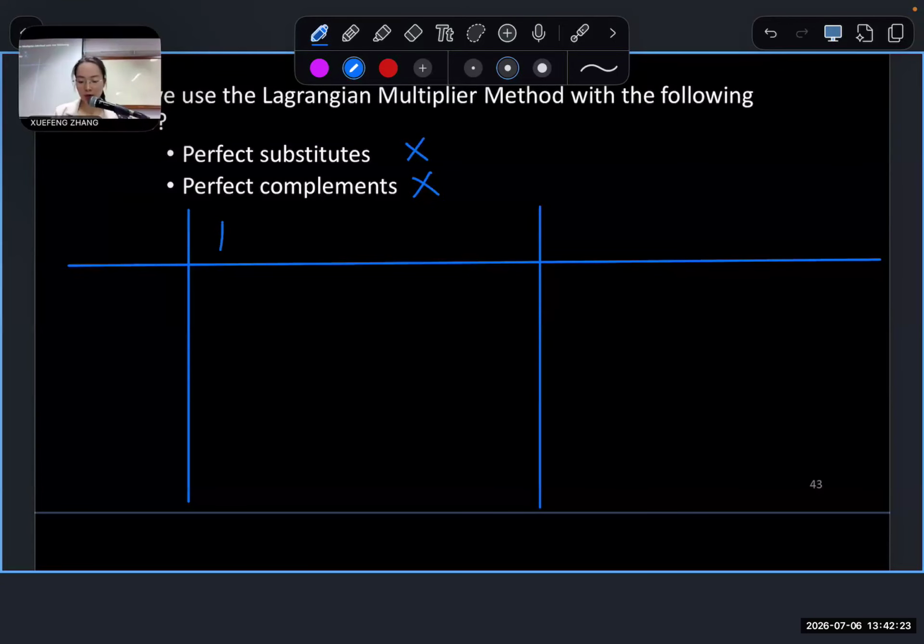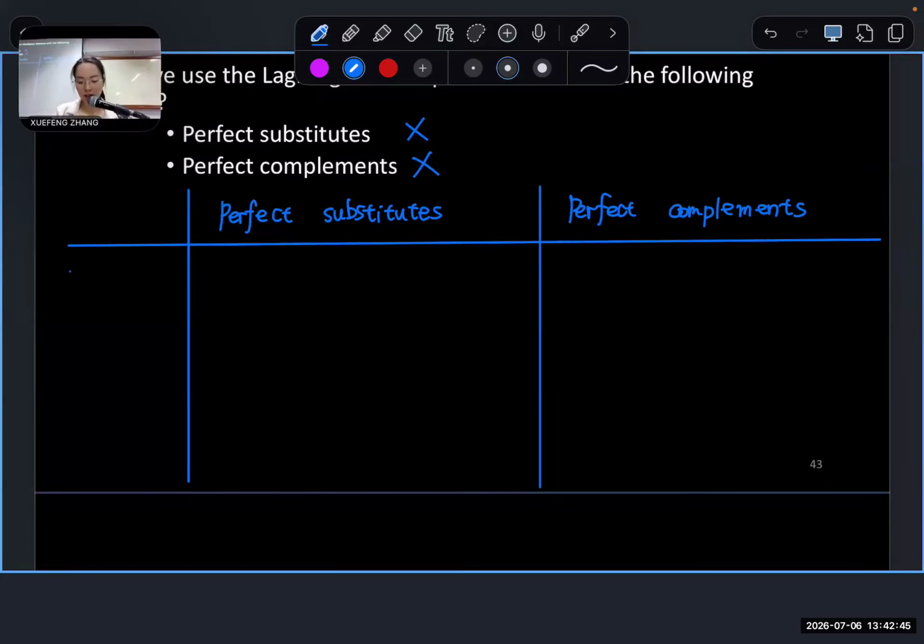Okay, so for perfect substitutes, and then we have perfect complements. The utility function, okay, this is utility function.